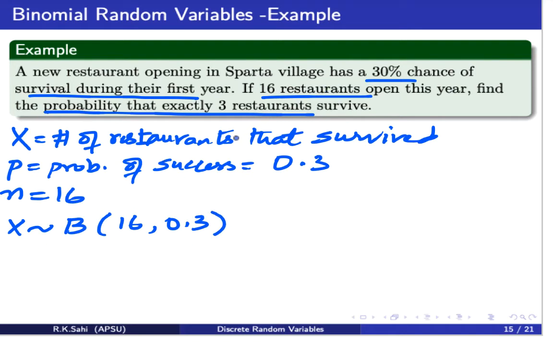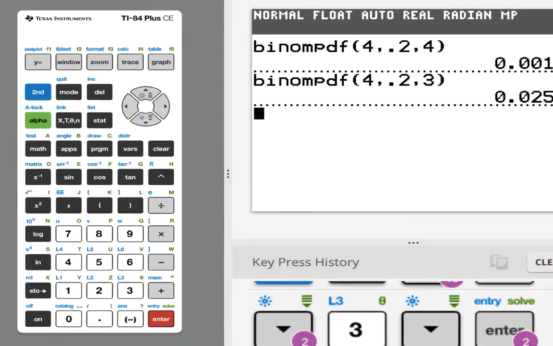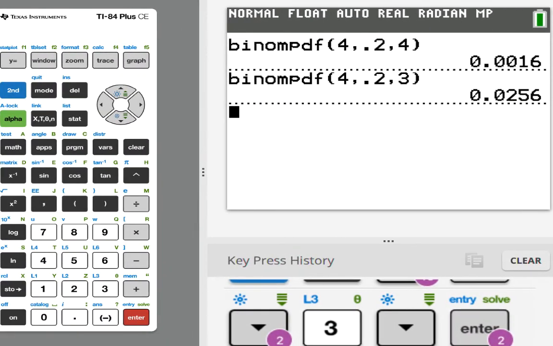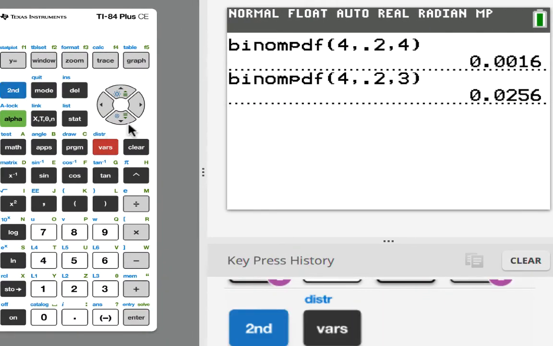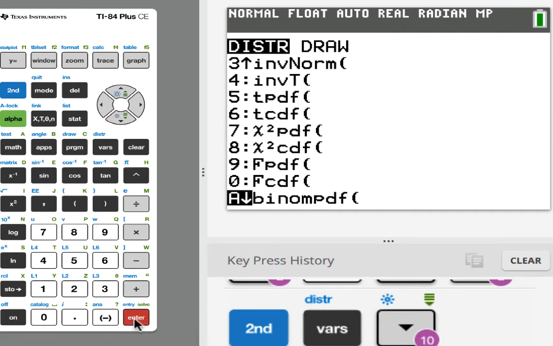Now we go and look at what the question is asking here. It says, what is the probability that exactly 3 of them have survived? That means probability, this X is 3. So according to the formula, binom PDF, 16, 0.3, and 3. Let's go get our calculators, guys. So second inverse, take the cursor to binom PDF, enter.